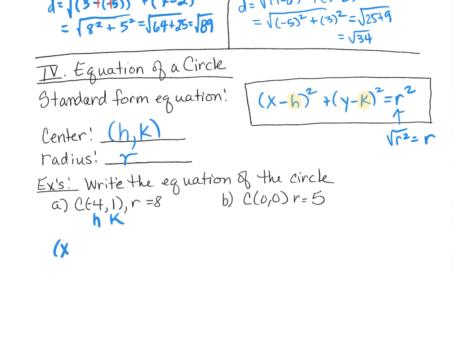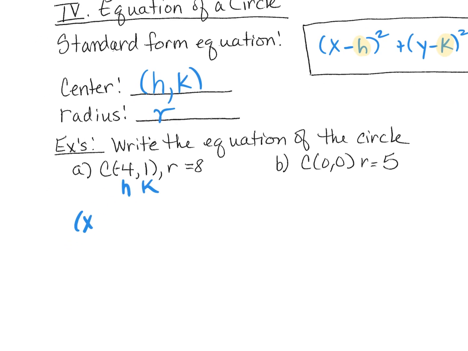That's a -4, so it's going to change signs, so instead of minus, it's going to become plus. Yes, so the -4 becomes +4. And then y what? It's a positive one, so it's going to become y - 1, equals r squared. So if we take r and square it, what do we get?